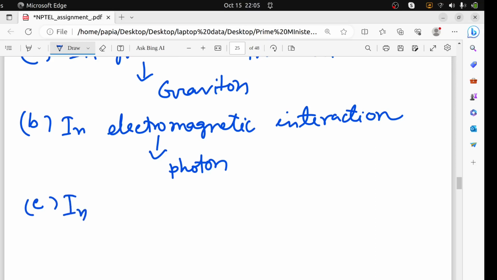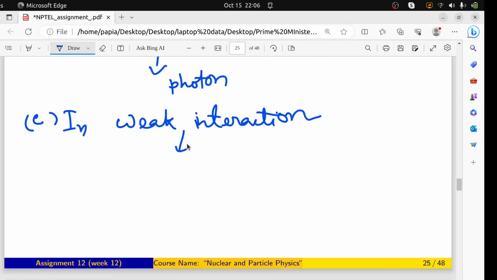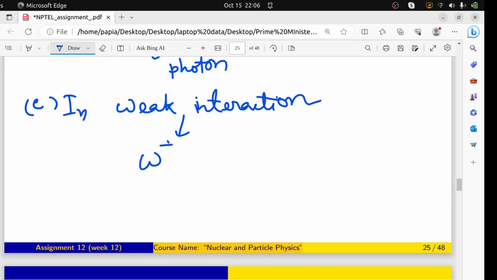In weak interaction, the mediators are W plus, W minus, Z0.